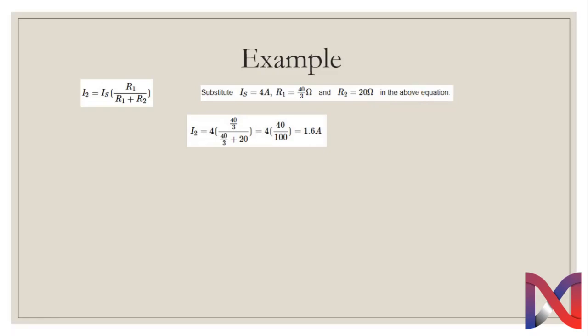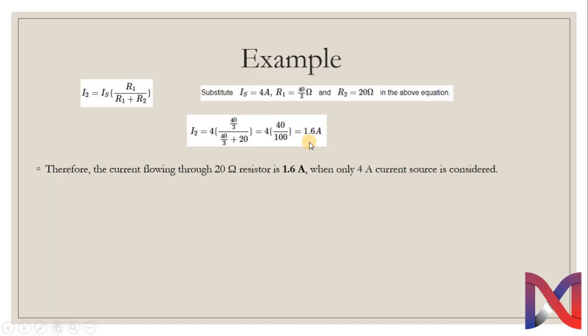We get current I2 is equal to 4 multiplied by 13.33 divided by 13.33 plus 20. So we get 1.6 ampere after we kill the voltage source and we have the response of the 4 ampere current source. Therefore, the current flowing through the 20 ohm resistor is 1.6 ampere when only the 4 ampere current is considered.